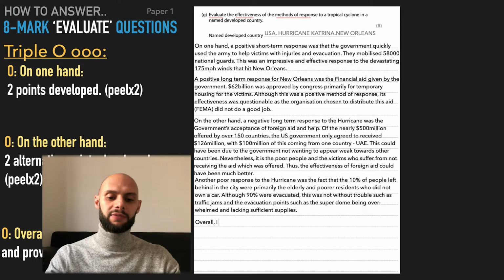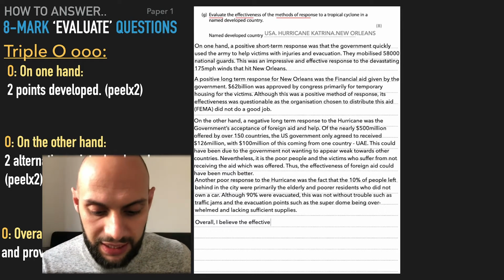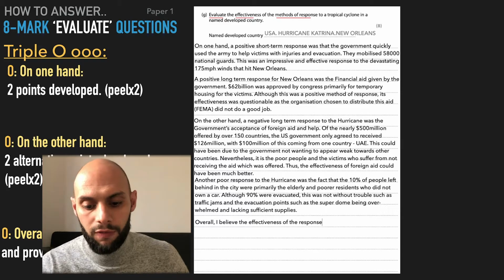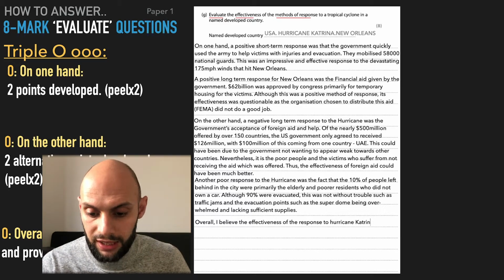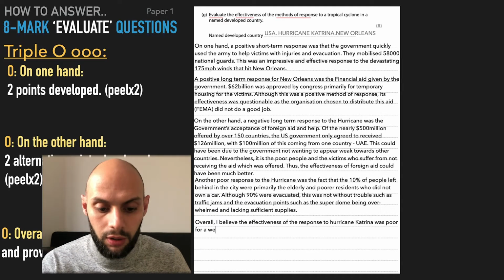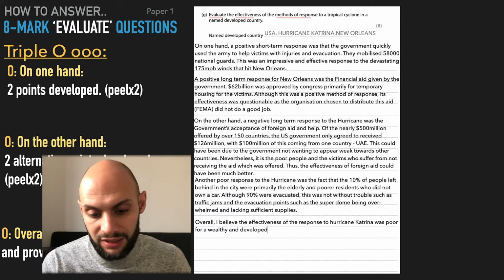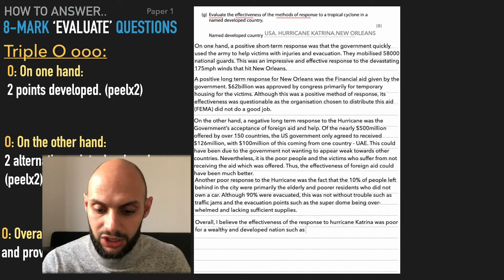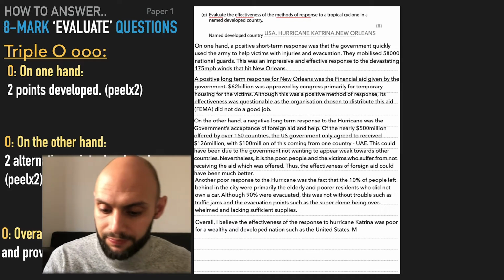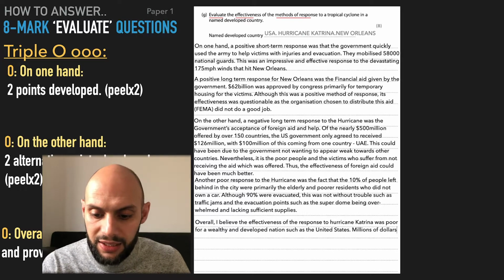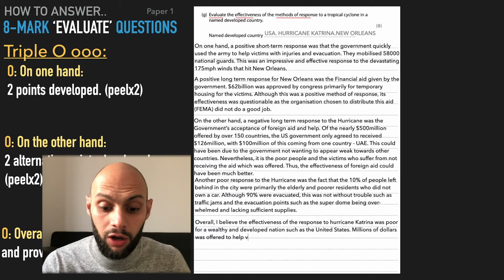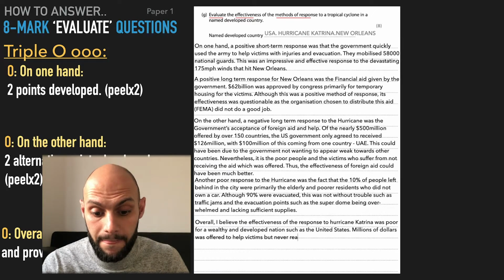Overall then, let's have a look. I believe the effectiveness of the response to Hurricane Katrina was poor for a wealthy and developed nation such as the USA. Millions of dollars were offered to help victims, but never reached them.